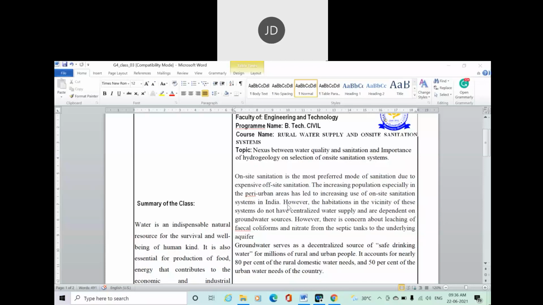Maybe most of the areas are not accessible to groundwater sources, because they mostly draw water from surface water like rivers and lakes. However, there is a concern about leaching of fecal coliform and nitrates from the septic tank to the underlying aquifer. If you adopt an on-site sanitation technique like a pit latrine, or any other latrine that is not properly designed, there is a possibility of groundwater pollution.